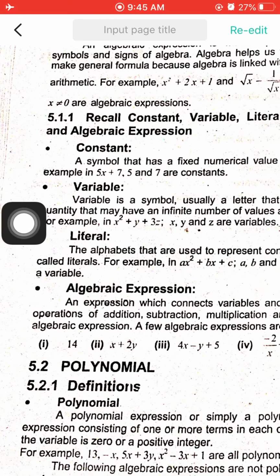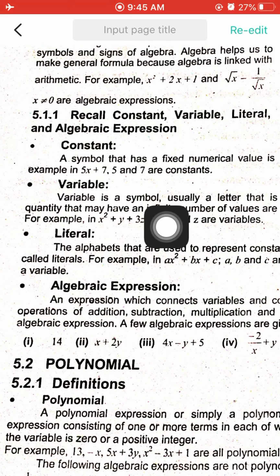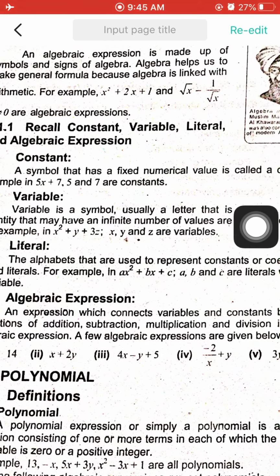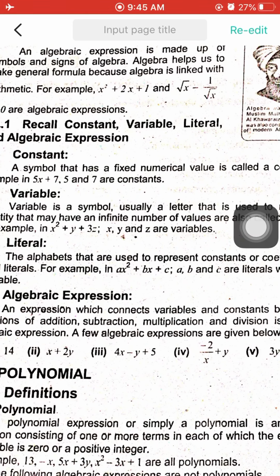Variable. A variable is a symbol, usually a letter, which does not have a fixed value. Its value varies step by step.